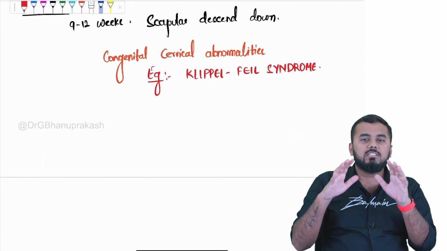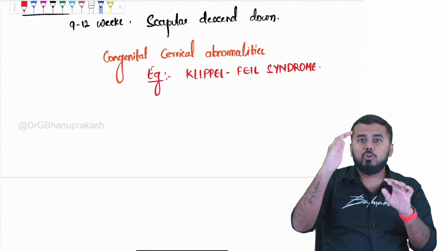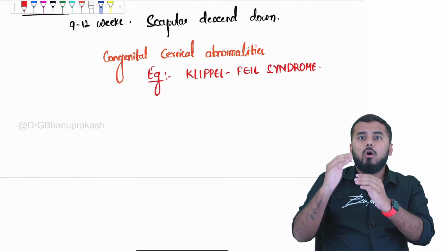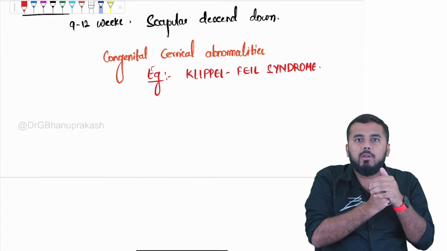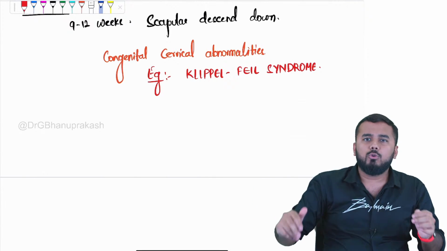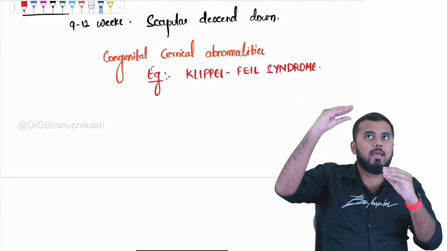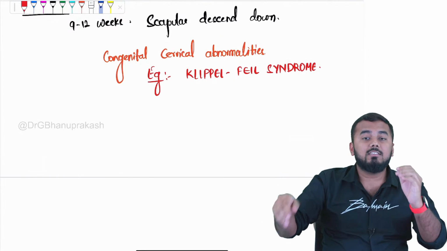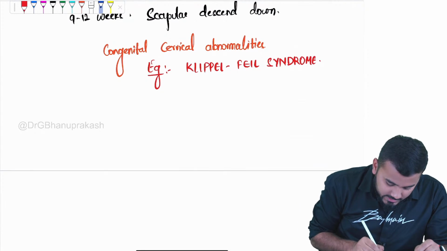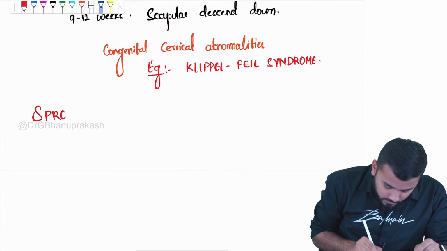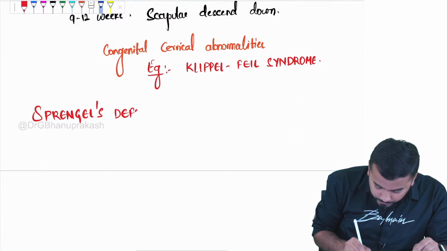The cervical region is completely abnormal, so it does not allow the scapula to descend. It keeps one scapula with itself and tells the other scapula you can go down. This deformity, where one scapula is above and one is below, is called Sprengel's deformity.